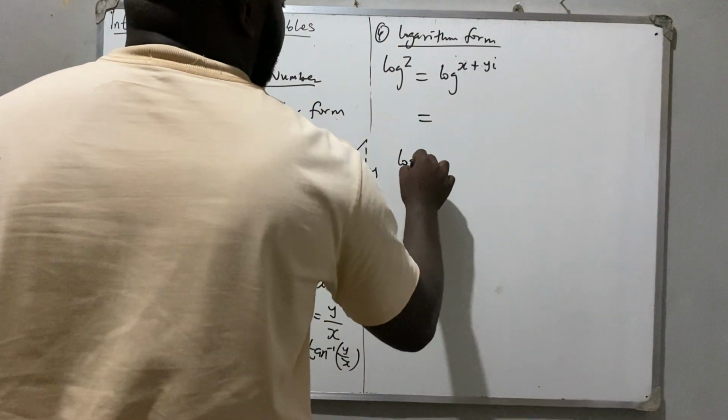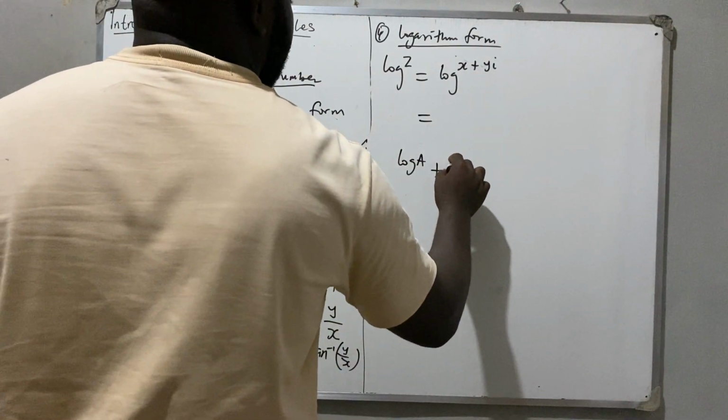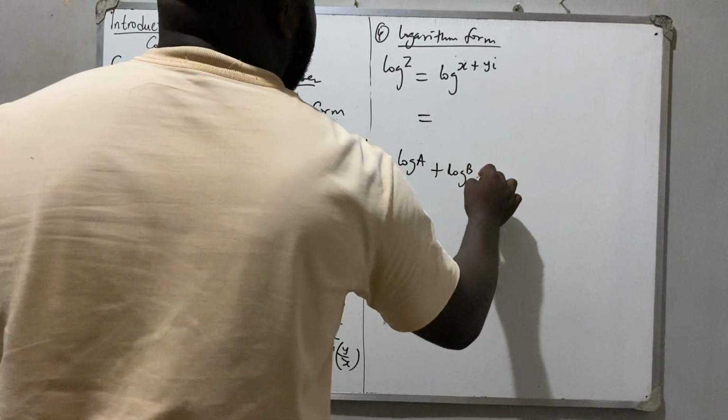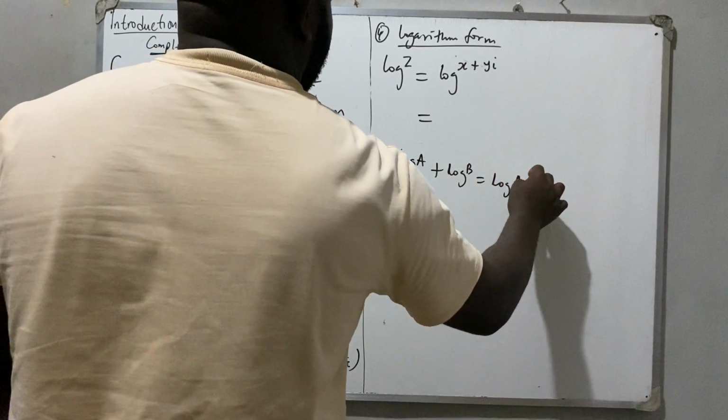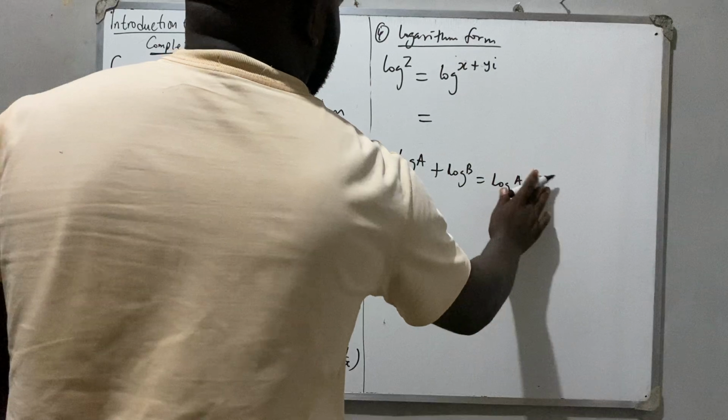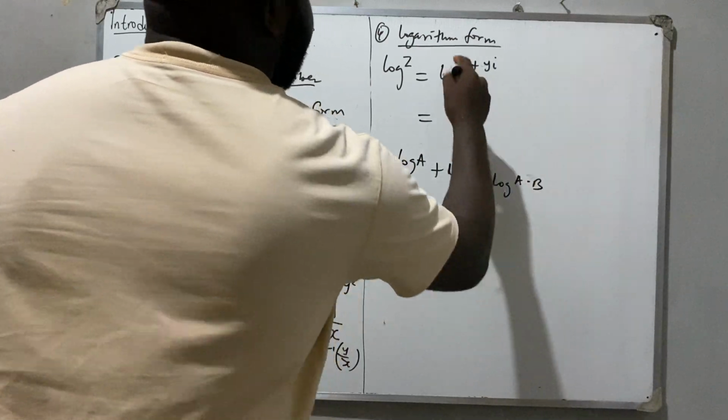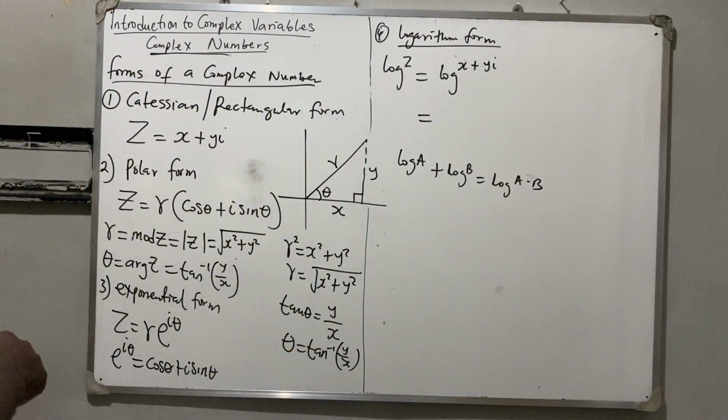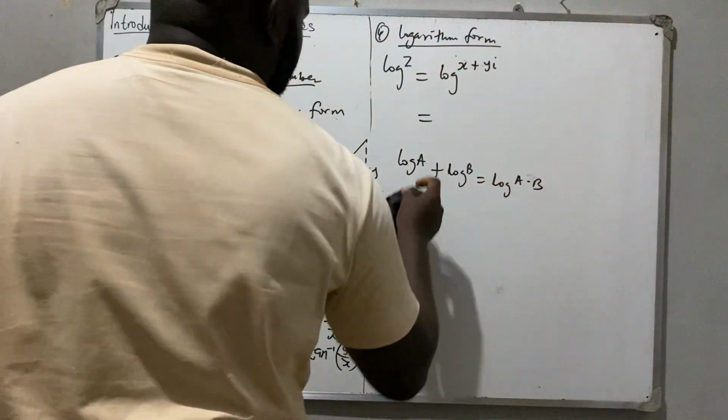I know that log a plus log b is equal to log ab, but is there any way we can separate this? Okay, see what we are going to do now.